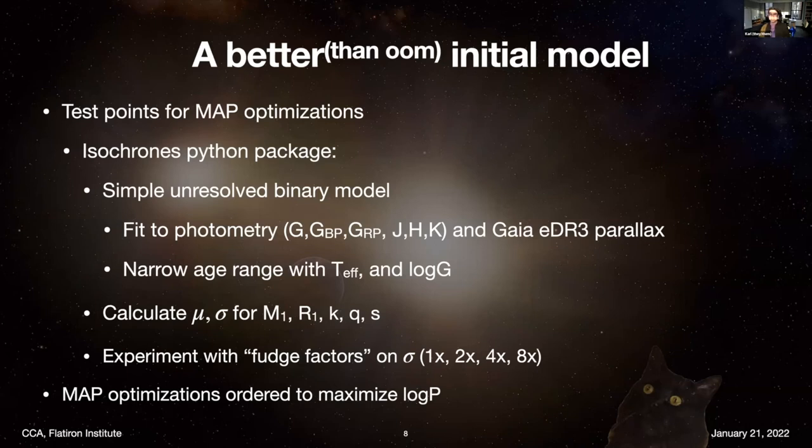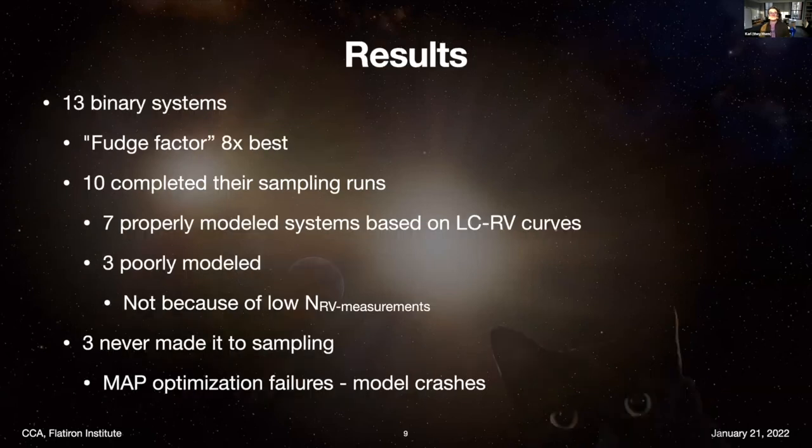And then we also organized the MAP optimization steps of the orbital parameters to make sure that the log probability is maximized without letting any one parameter be set in stone. And so from this, we end up with those 13 systems that I showed before. We found that a fudge factor of 8 works best.